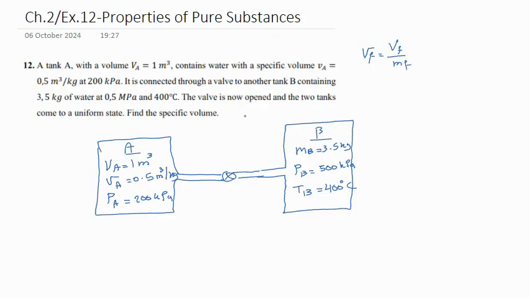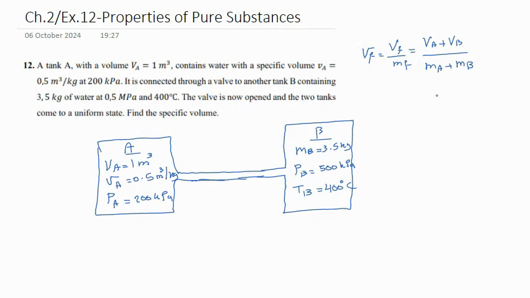Now when the valve opens, this means if we assume the connection volume is minimal, then the final volume will be the volume of tank A plus the volume of tank B, and the mass final will be the mass of tank A plus the mass of tank B. Let's start first working out the masses, because mass of tank B is given, 3.5.